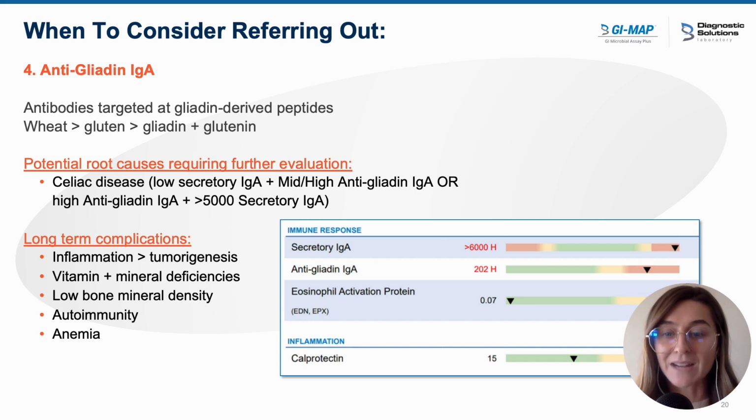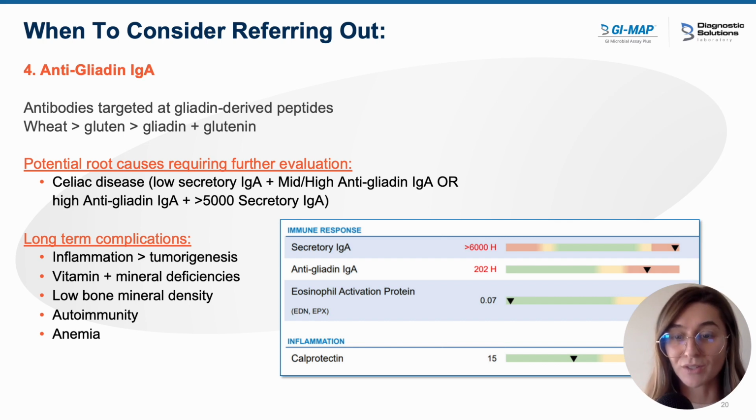Also, the breakdown of the villi means we have reduced absorption of vitamins and minerals, so that can lead to deficiencies. We can see low bone mineral density, autoimmunity, anemia. So there are a lot of underlying conditions that can result from continued consumption of gluten.